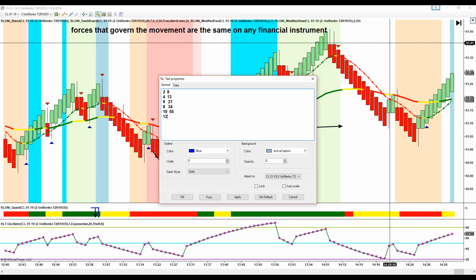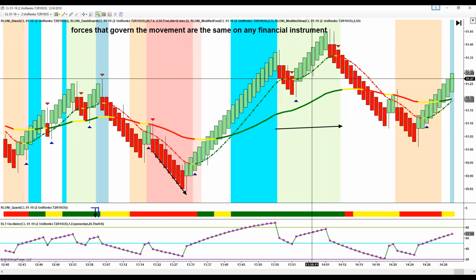And then if it's a 12-unit Renko, then I think it's 89. So you just keep going up by a fib every time you increase the open offset by 2. It's really, really easy. And these are going to give you the correct speed of the quant and the correct speed of the background bias. It's uncanny how perfect it is.